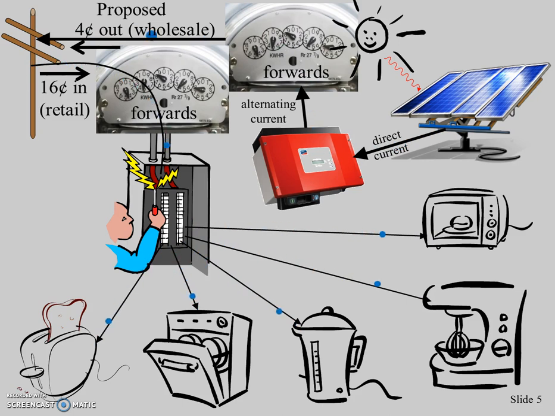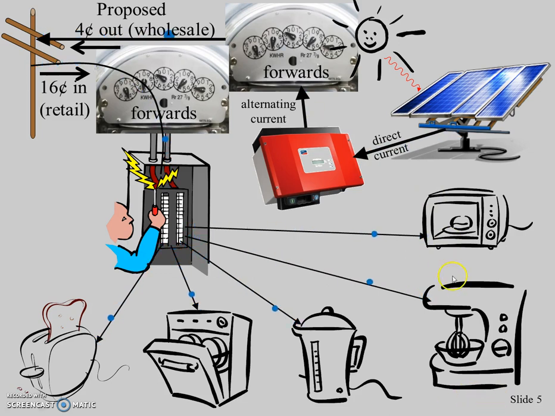And it might be as low as, like in my example here, maybe like 4 cents, because it's all the wholesale price. And then I would have to bring it all back in at the regular retail price, which I'm using as 16 cents in my example here, to power all my appliances. So this drastically changes the economics. And I don't see how this makes sense, because adding solar panels to my house just means I'm using less electricity.